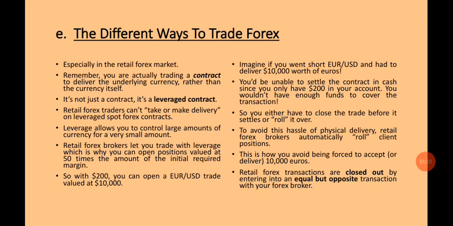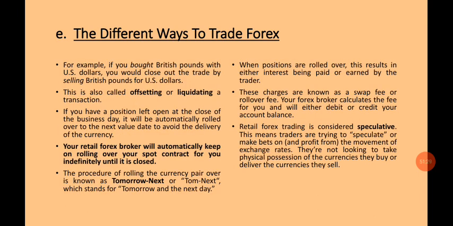Retail forex transactions are closed out by entering into an equal but opposite transaction with your forex broker. For example, if you bought British pounds with US dollars, you will close out the trade by selling British pounds for US dollars. This is also called offsetting or liquidating a transaction.